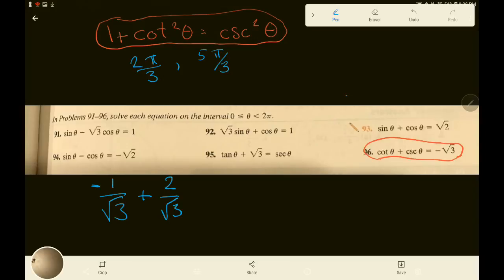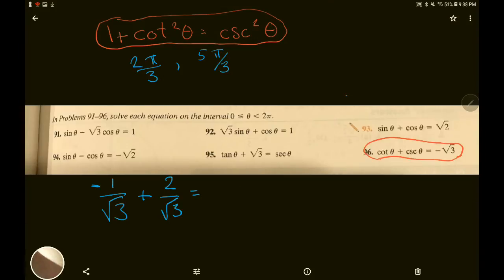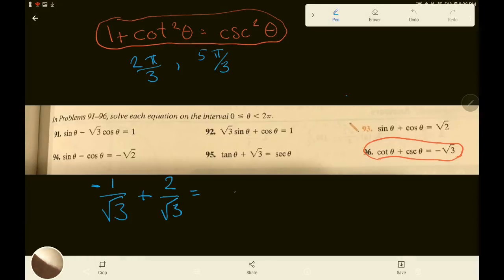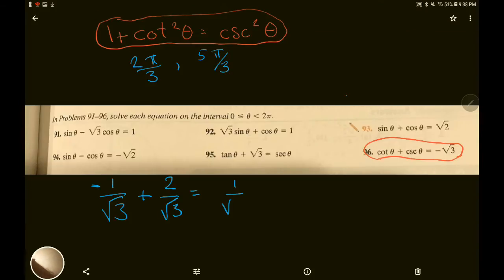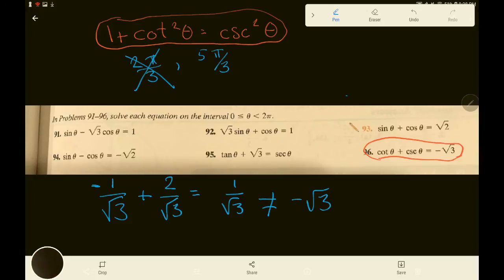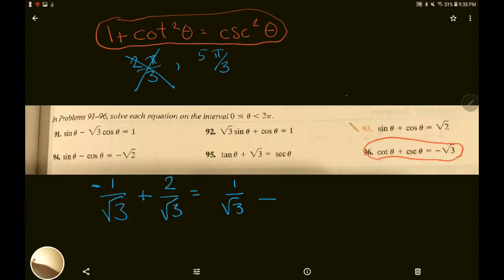And in fact, that equals negative 2 plus 1 is 1. 1 over root 3. And that does not equal negative root 3. So this actually is an extraneous root. So let's hope that 5 pi over 3 actually works out.